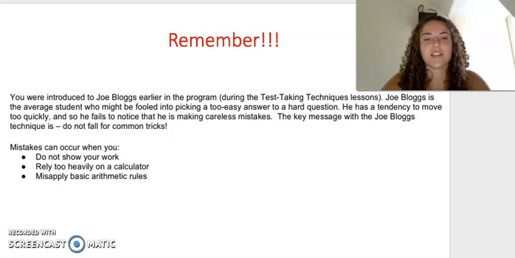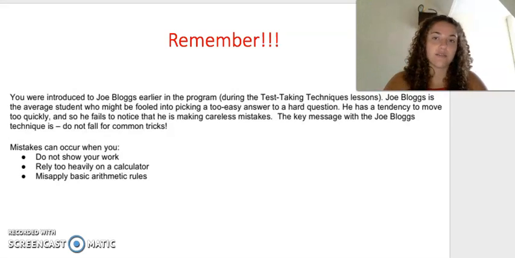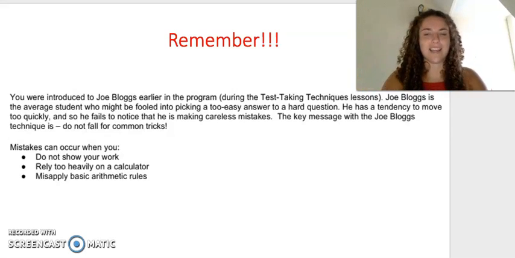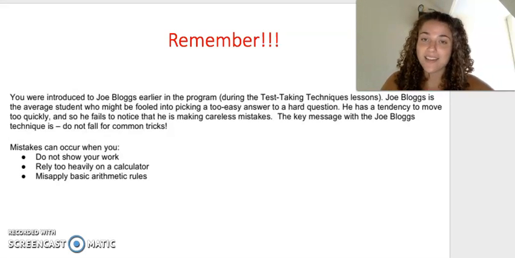So just 3 important things to remember. Always try to show your work just for yourself so that you can better see what the question is asking for, which may lead you to the answer that's not so obvious. Don't rely on your calculator.